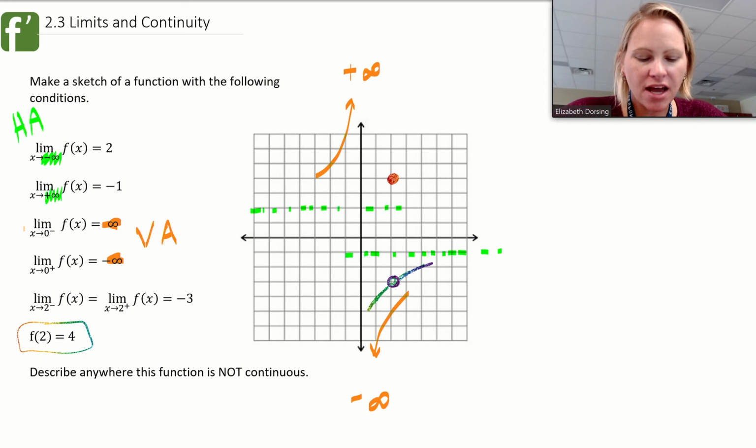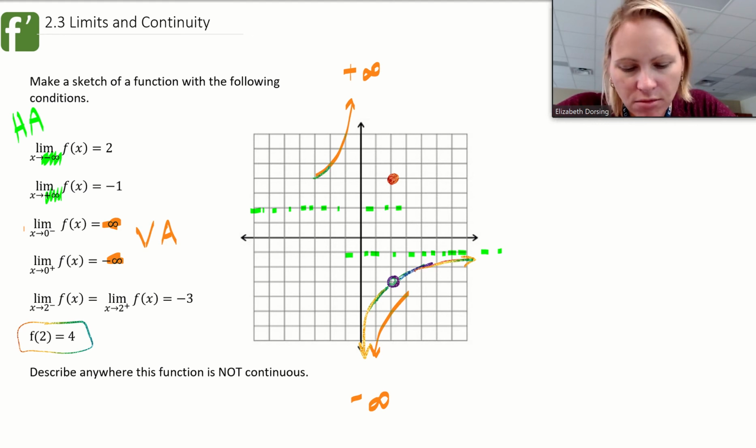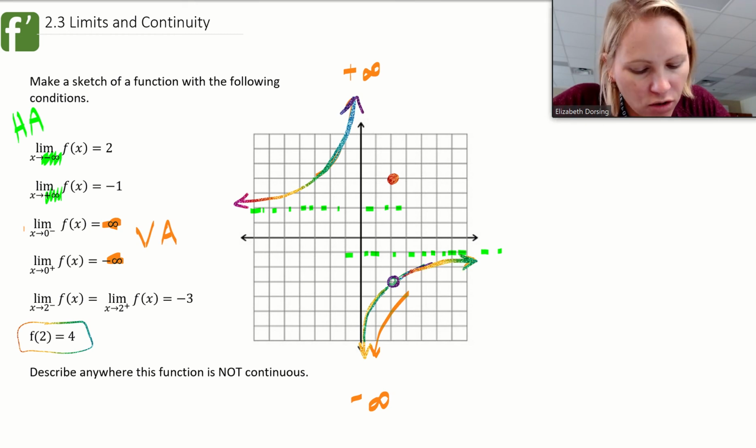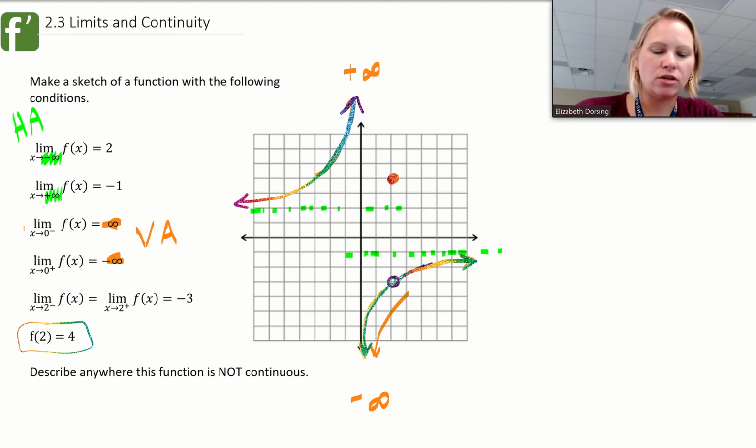And now I think I have enough to complete my graph. I know that I have to approach that horizontal asymptote, and then here I'm going to approach the vertical asymptote. I'm going to do the same thing up here, and this must be the way the function looks. So I've got my horizontal asymptote, my vertical asymptote, an open dot, and a solid dot there at 2, 4.